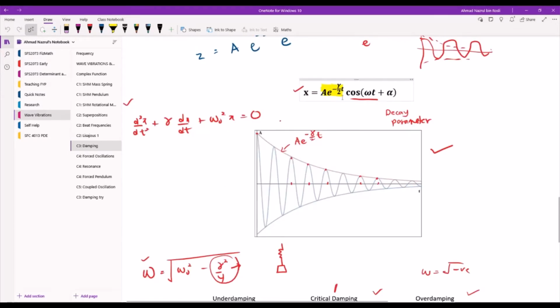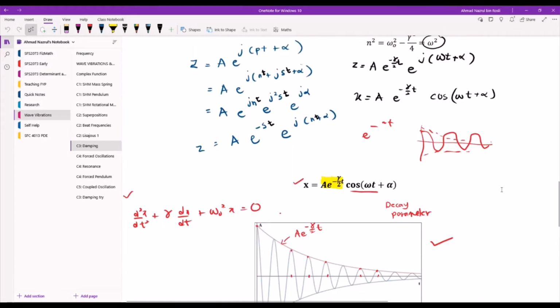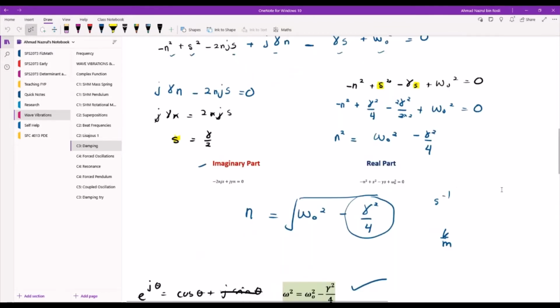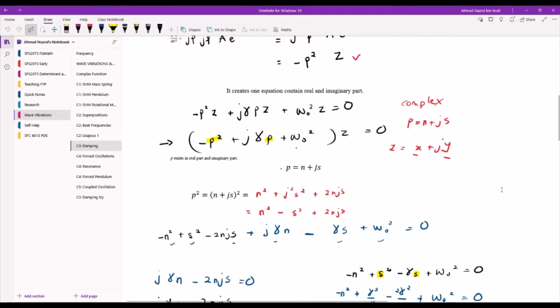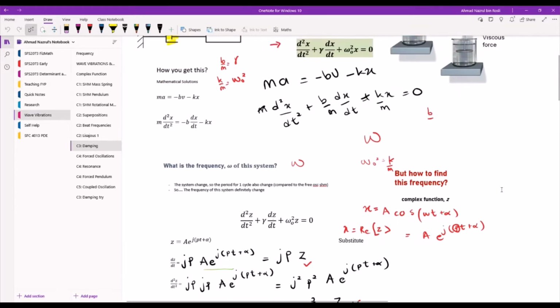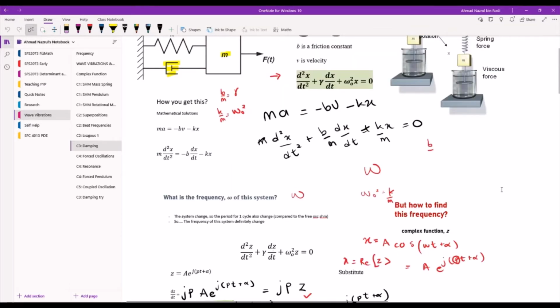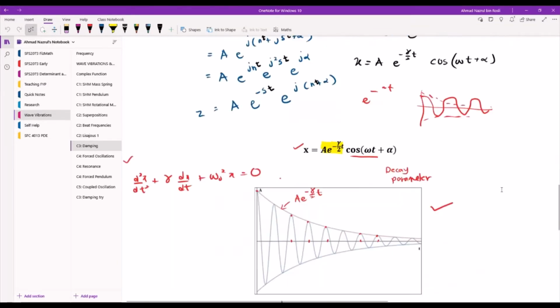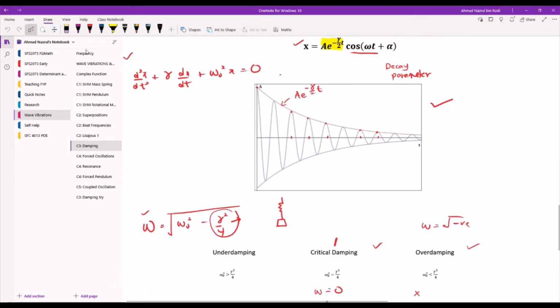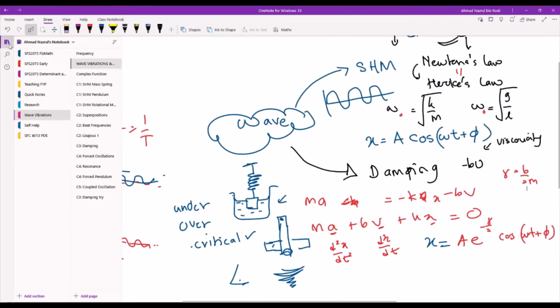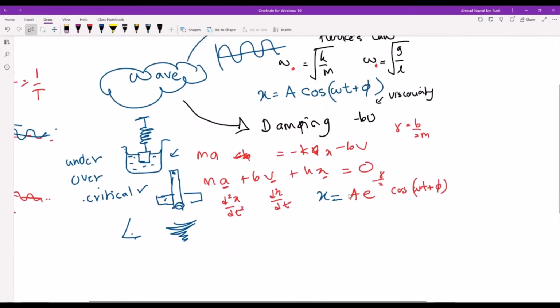Gamma over 2 t, where gamma is equal to B over m. Sorry, gamma is equal to B over m.